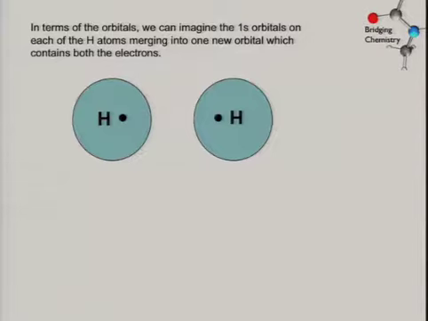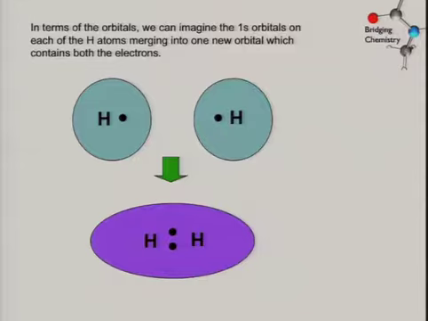This isn't strictly Lewis dot diagrams now, but this is just giving you a wee taster of the stuff that you will do if you do second semester chemistry with us this year. So we can draw big circles like this indicating our 1s orbitals, and we put the wee dot in there indicating there's an electron in that 1s orbital, and when we bring these two hydrogens together to make this new bond, we make a new sort of orbital for that pair of electrons to live in.